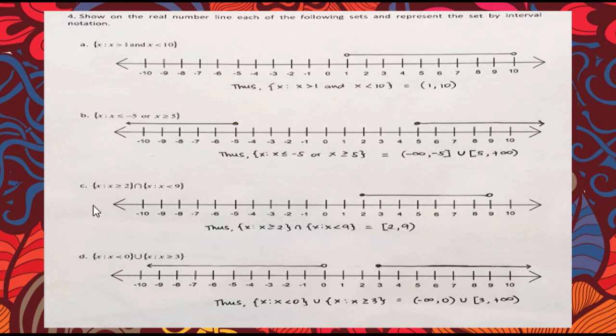Next, x such that x is greater than or equal to 2, intersection x such that x is less than 9. So, intersection nato, atong unahon ang x that is greater than or equal to 2. So, ang atong 2, kani, since greater than or equal, equal siya. So, nakabulit ang atong point.